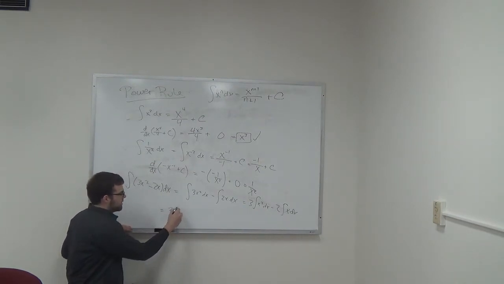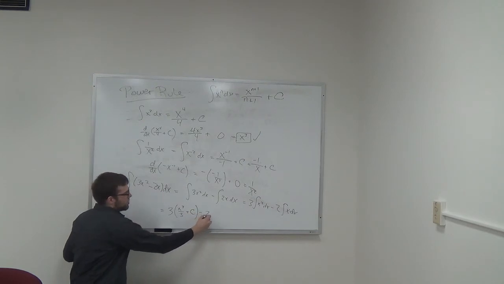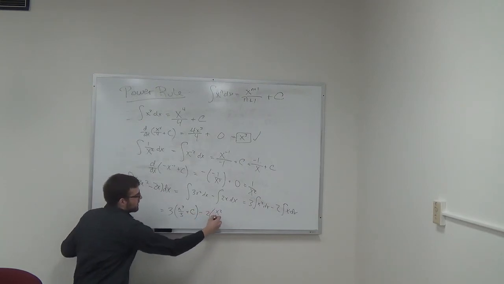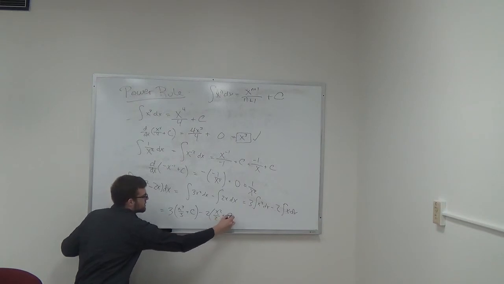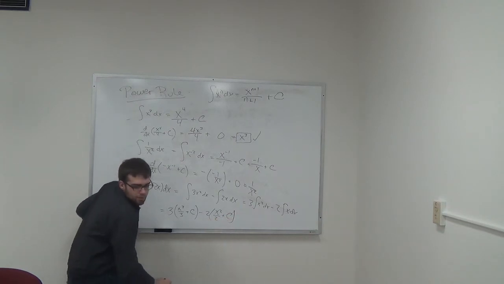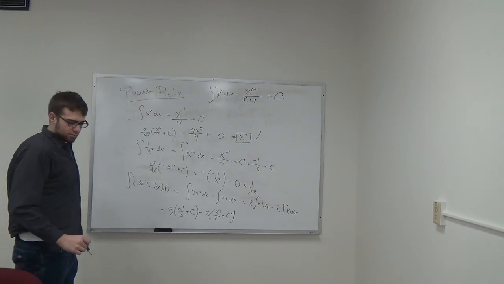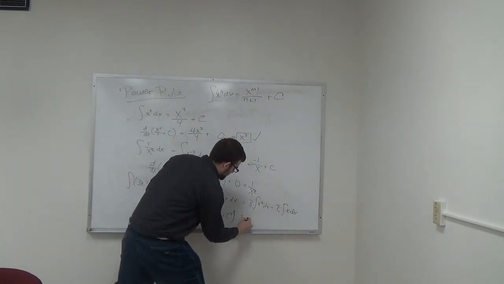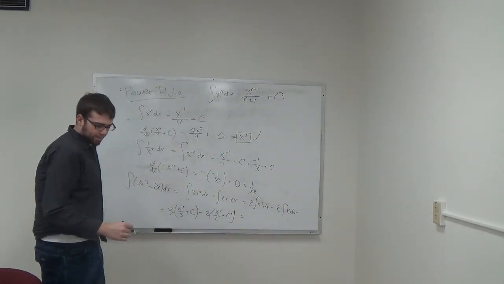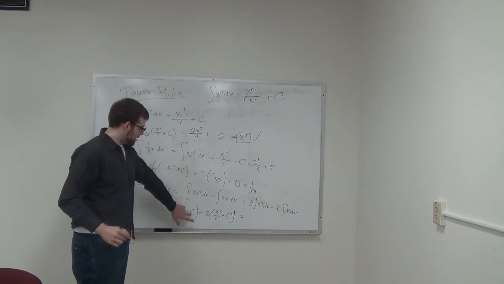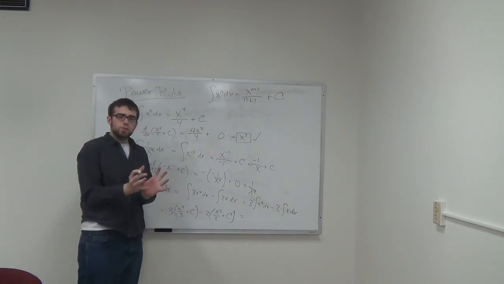So 3, the integral of x squared is x cubed over 3 plus c, minus 2 times x squared over 2 plus c. And we end up getting, and once again we can absorb the constants into each other.